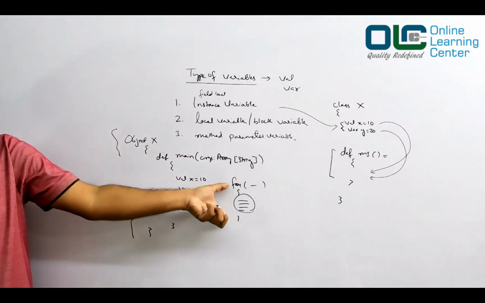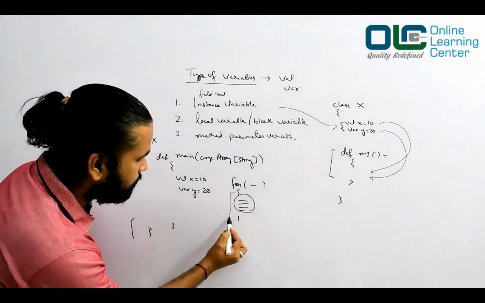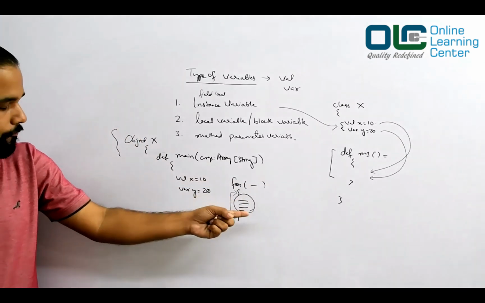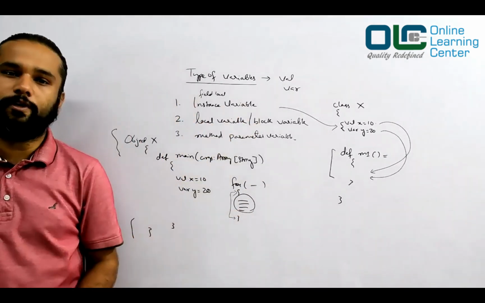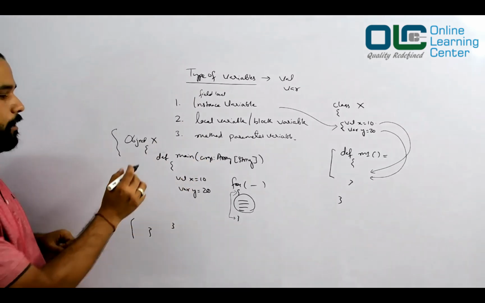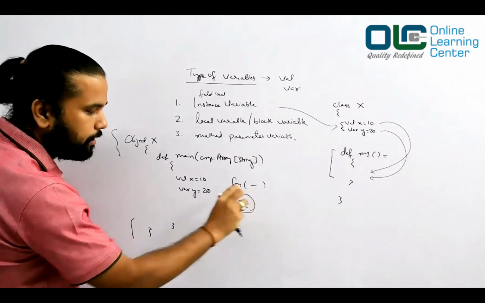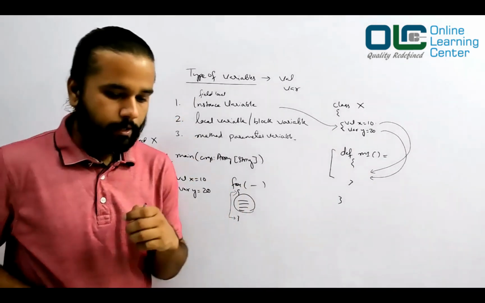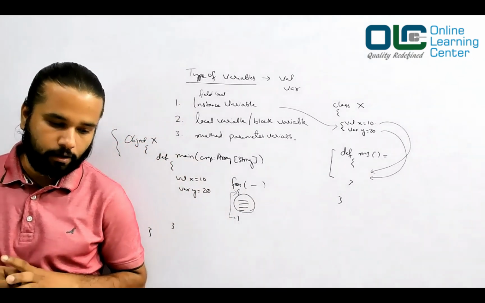This is not a method, but this is a loop. Can I say this is basically a block? Yes, I can say that. So any variable you define inside this block is called a block variable. That's the reason I have kept it together, local variable or block variable. Whatever you write inside a method or inside a block, they are called block variables or local variables.